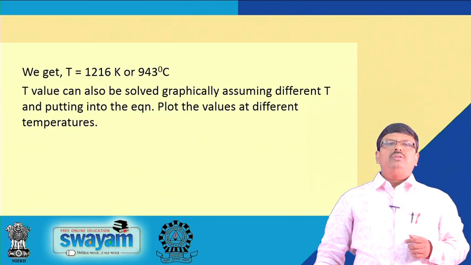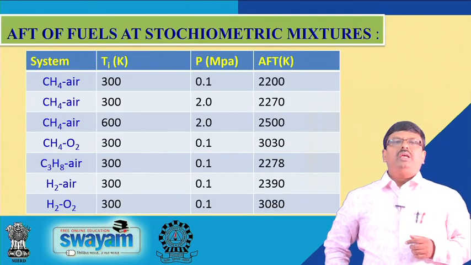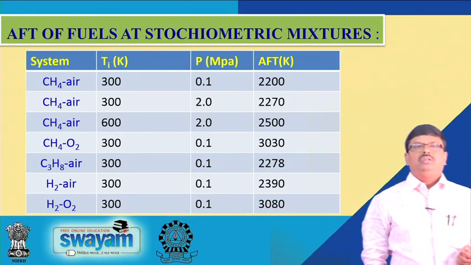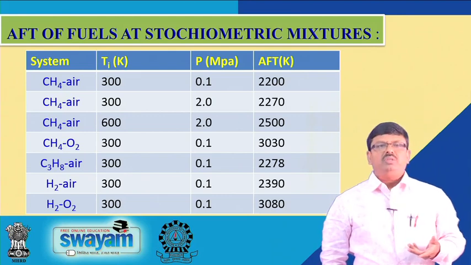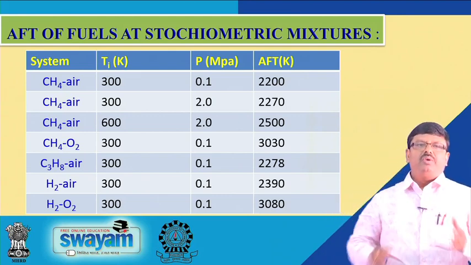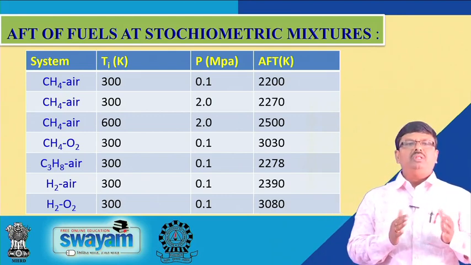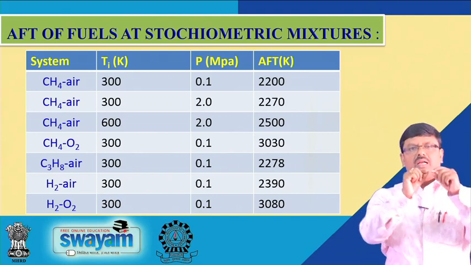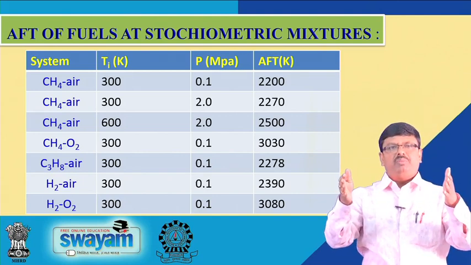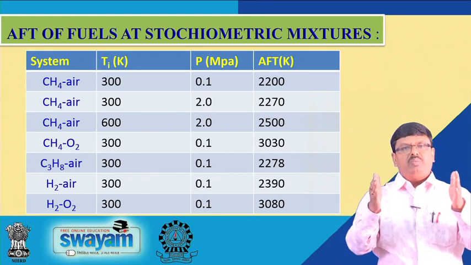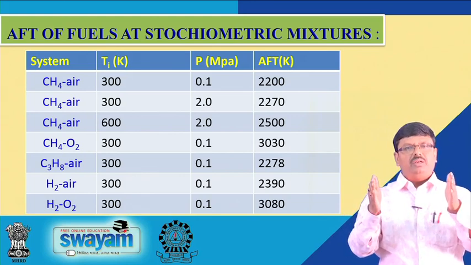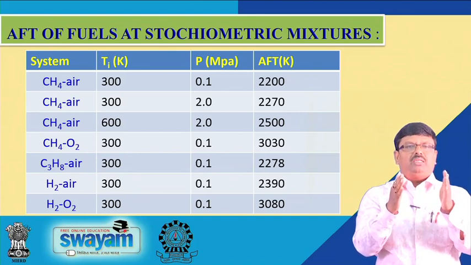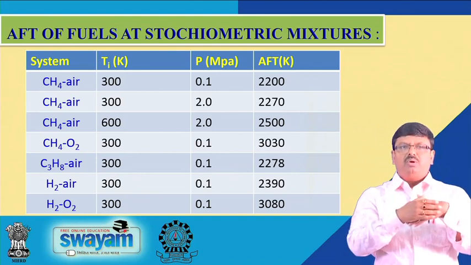So, this is the value that you have got here, and AFT of fuels at stoichiometric mixture. So, this is a very important thing. This is very interesting, in these systems where this methane air, I mean the combustible gas, is supplied to the combustion chamber, and to ensure the complete combustion this air is supplied in the combustion chamber. So, where the methane is a combustible gas, in that case let us have a look at this figure.